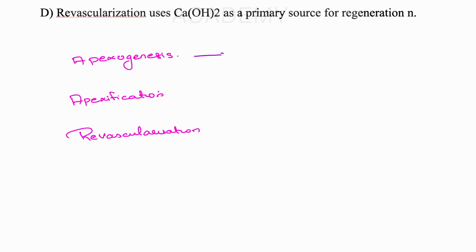For apexogenesis, you need some vital pulp. For example, if you have an incomplete root development, apexogenesis allows the completion of root development if there is some vital pulp inside. So that is one condition. Next is apexification.